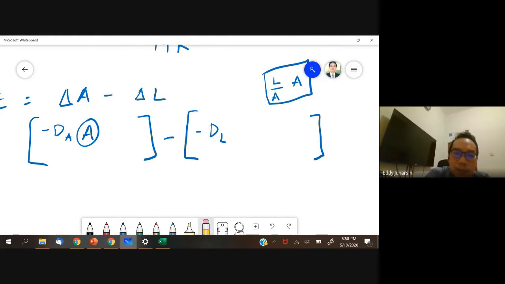So I will write it this way. Liabilities per assets multiplied by assets.